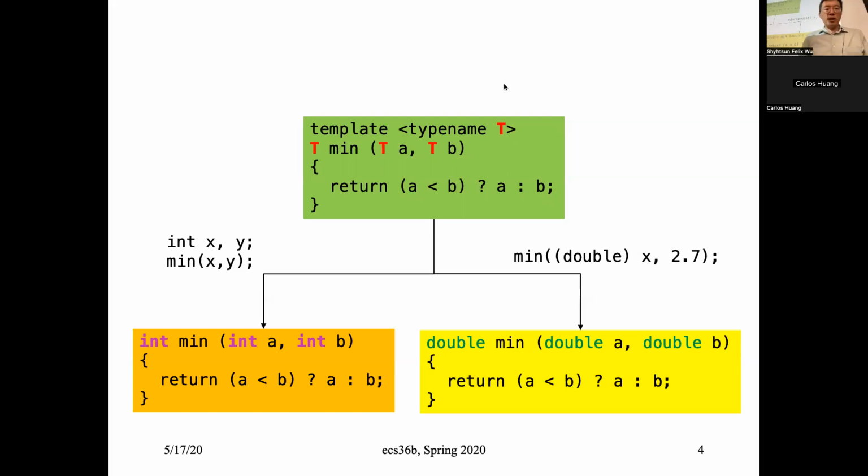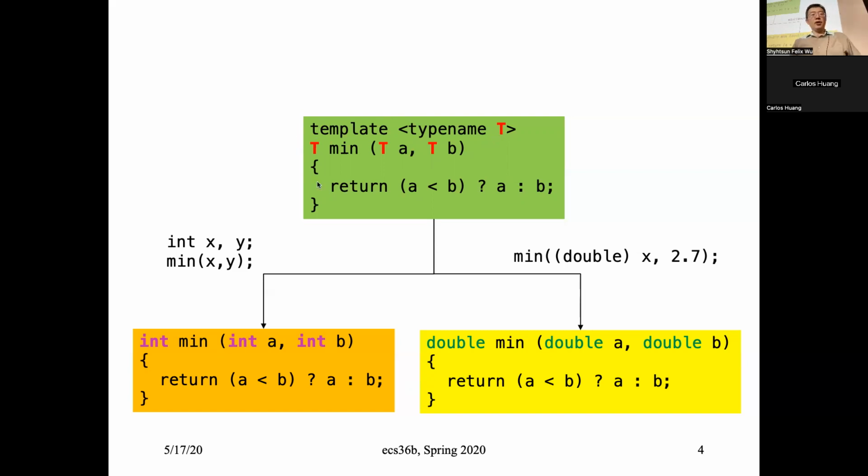I just use the keyword template and then the template introducer, which is smaller than and greater than. Inside there is also a keyword called typename, with type T, and this T is going to be replaced over here. So this T is a type.